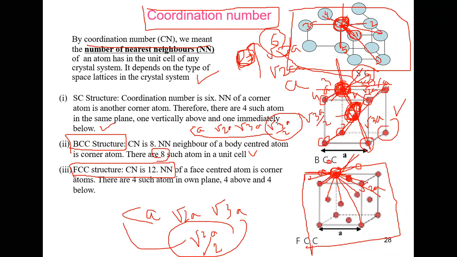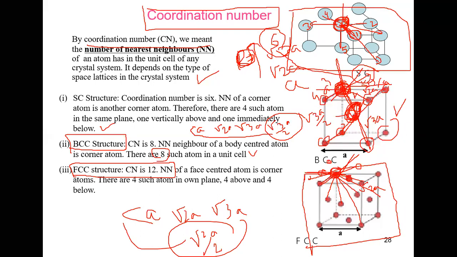This is in your own floor. And if you are sitting in a room in a multi-storied building, another 4 atoms are lying at the center of the 4 walls.